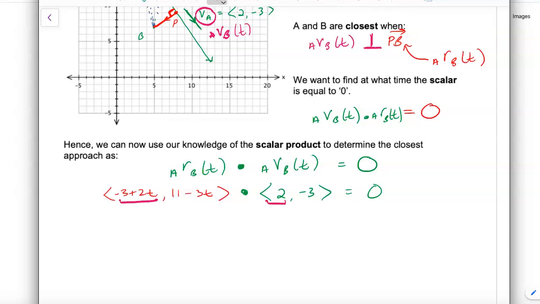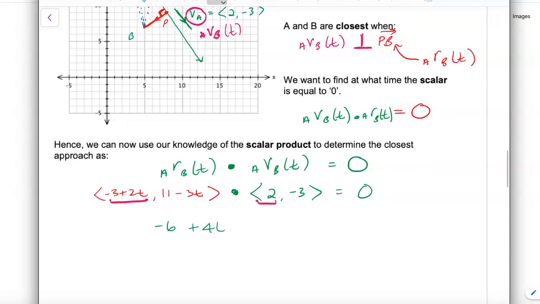So we've got -3 times 2, which is -6. 2t times 2 is plus 4t. And then we're going to add on our scalar product of the j components. 11 times -3 is -33. And -3t times -3 is positive 9t.